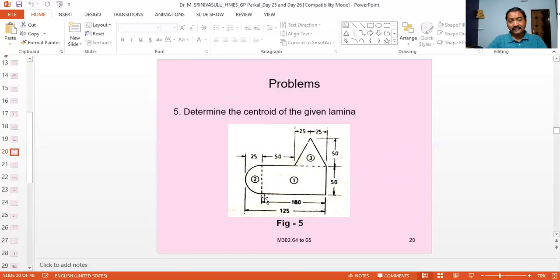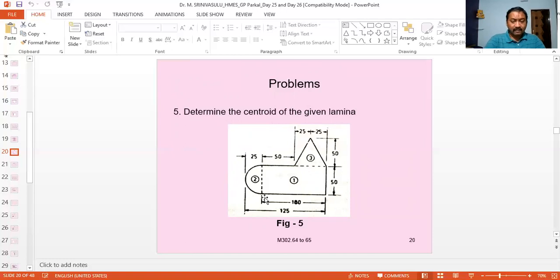Then by substituting in the formula, because it is composed of three figures, x bar is equal to a1 into x1 plus a2 into x2 plus a3 into x3 by a1 plus a2 plus a3. Similarly, y bar is equal to a1 into y1 plus a2 into y2 plus a3 into y3 by a1 plus a2 plus a3. Like this we have to find out the coordinates of the centroid of the given composite figure.